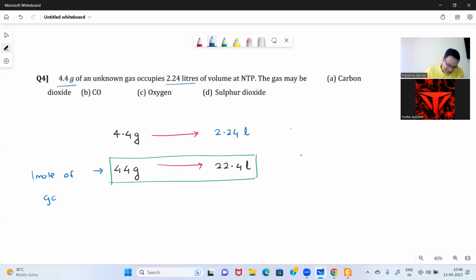So 1 mole of a gas corresponds to 44 grams, which means this number 44 must be corresponding to the molecular mass of the gas. And we very well know that carbon dioxide's molecular mass is 44. Therefore, the answer is carbon dioxide.